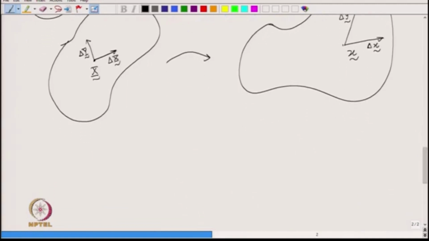Now, we had already derived that delta small x is equal to big F times delta big X, plus something of the order of delta big X square, right.